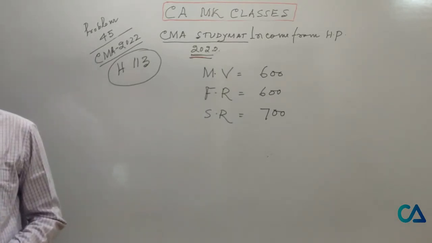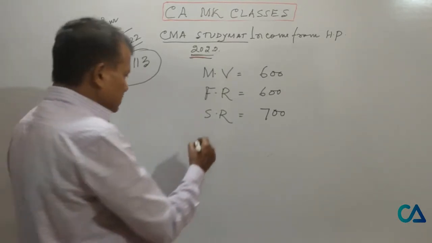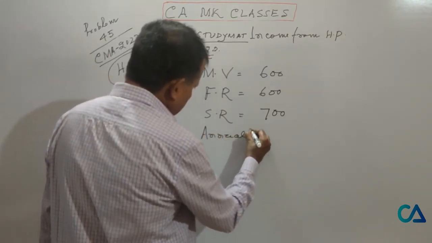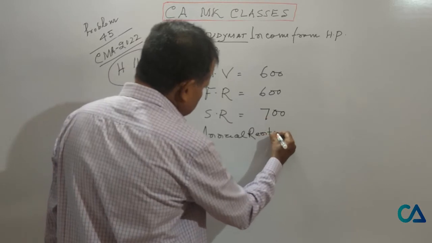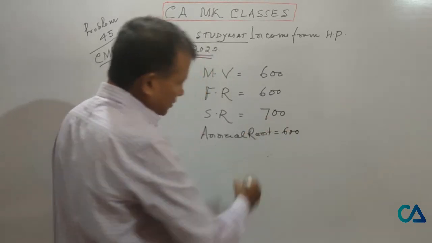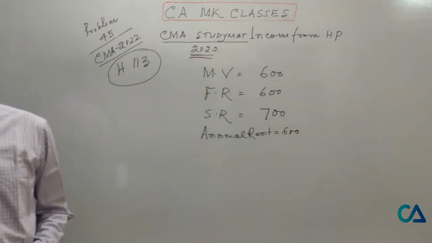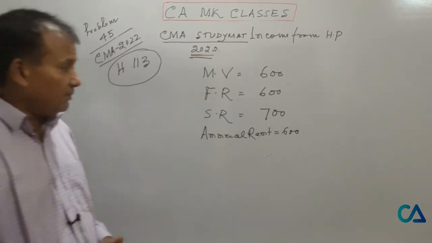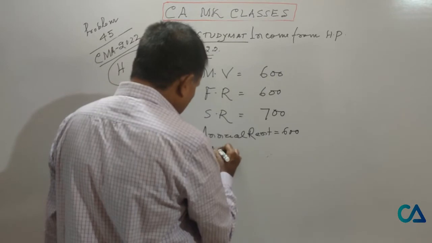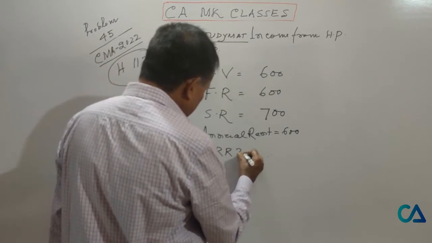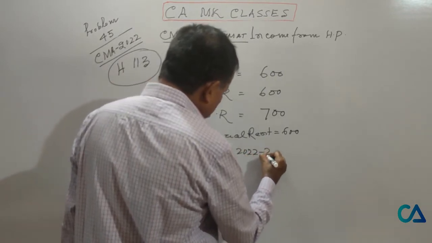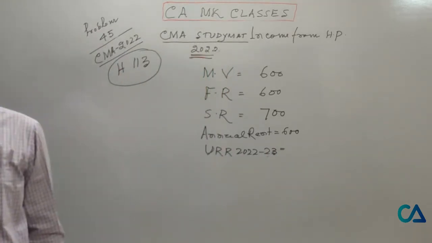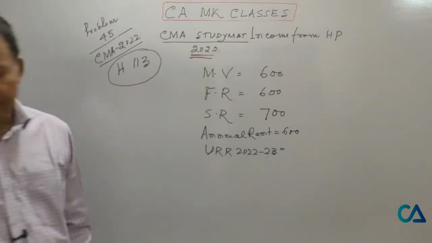Then actual rent receivable, that is annual rent. Annual rent is 600. Unrealized rent is also given. Unrealized rent of current year 22-23 comes to 150.